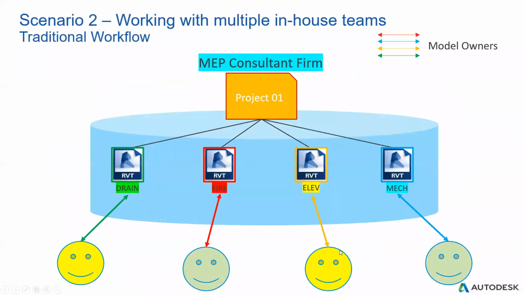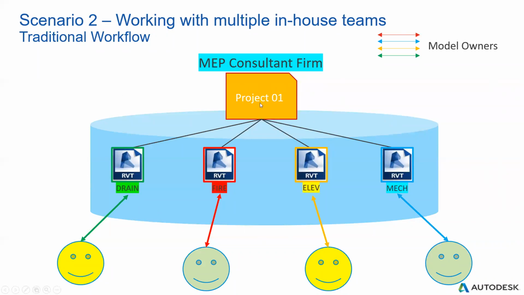Okay, another scenario. Assume that you're working in an MEP consultant firm, and this consultant firm recently has got a new project named Project 01. So this is the company drive of this MEP consultant firm.